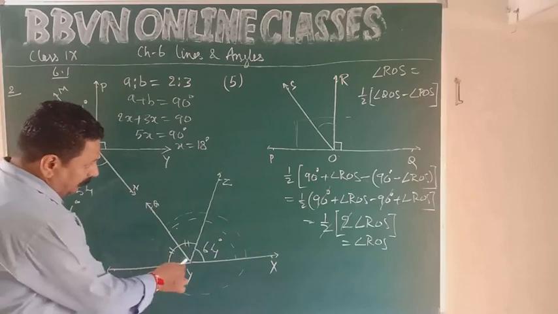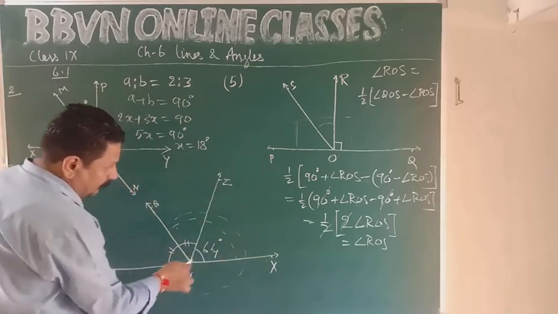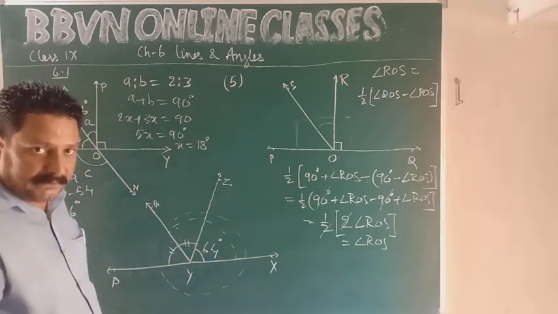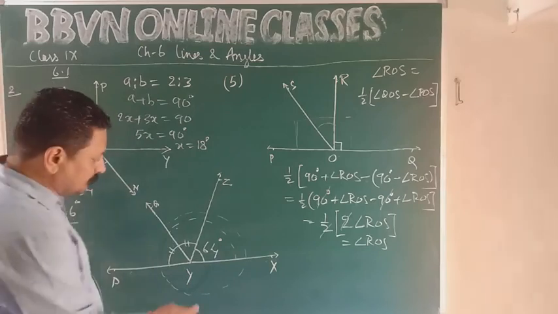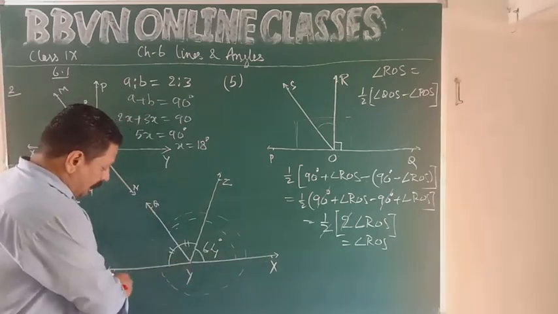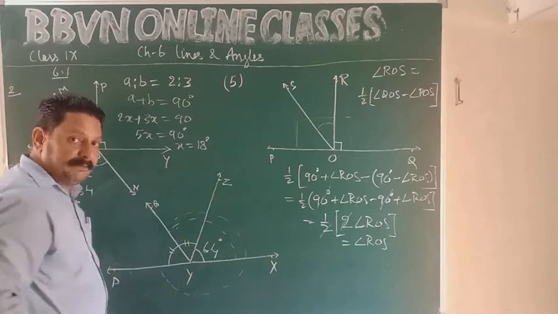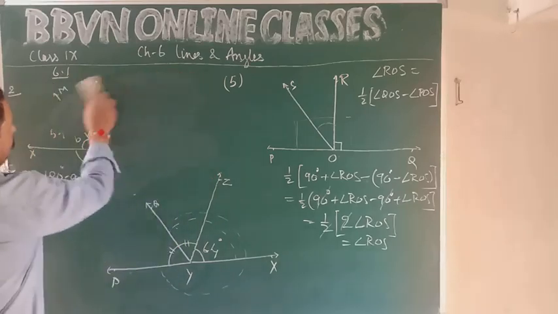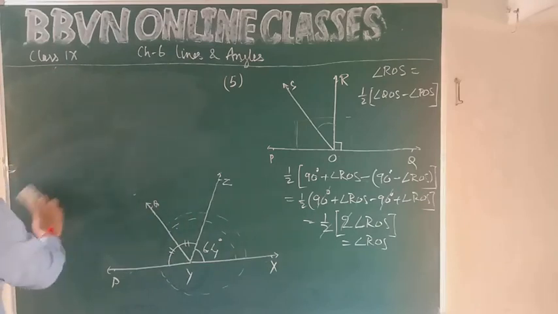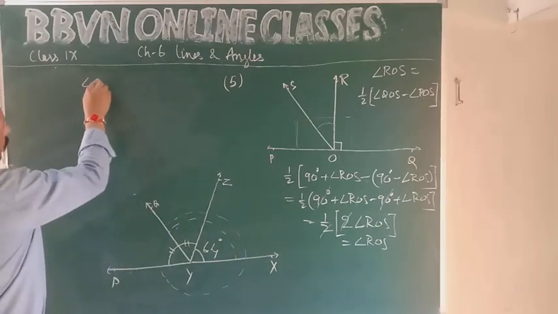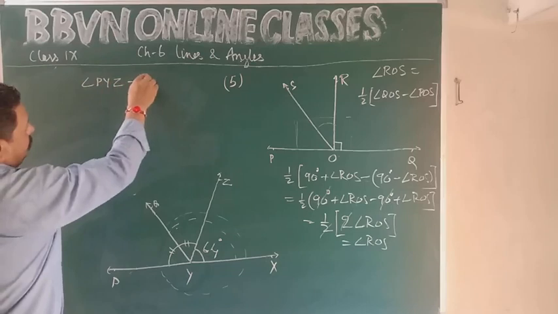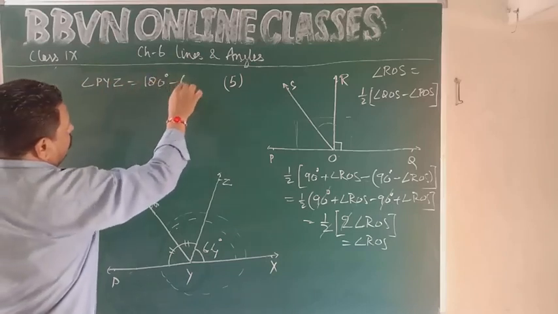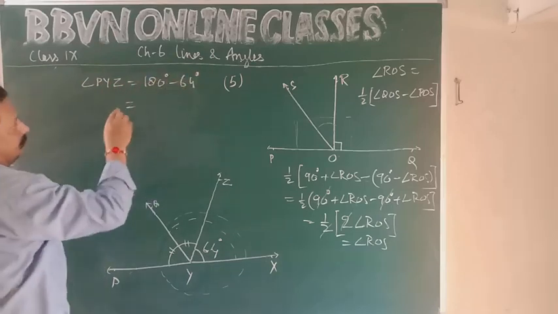Now angle PYZ and angle XYZ are supplementary. They form a linear pair. So if this is 64, angle PYZ will be 180 minus 64. Angle PYZ is equal to 180 degrees minus 64 degrees.